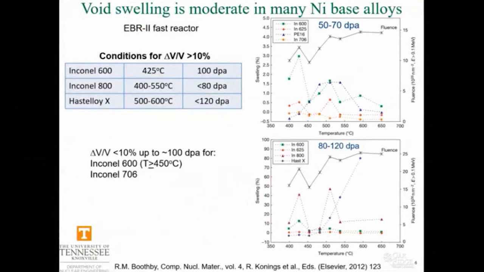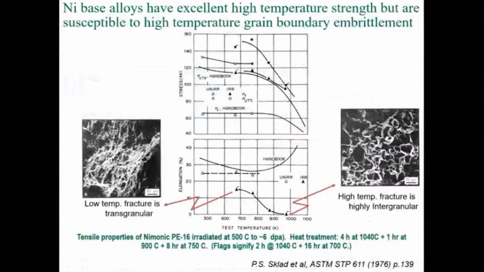Basically, we start to worry about void swelling when it approaches 10% or so, and for nickel-based alloys like Inconel 600 or 800 or Hastelloy X, you're on the order of 100 dPa level. These are very high doses compared to what I'm aware of for all the molten salt concepts. So as a materials scientist, I'm not worried about void swelling types of issues. So take away 80% of these radiation damage phenomena.